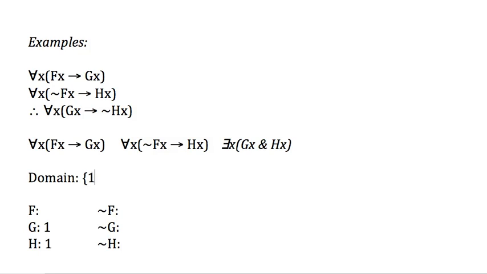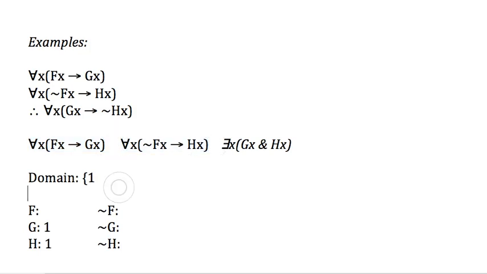Suppose that was the end of the story. We haven't said anything about what F means yet, and we may or may not need to, but let's ask, if the only thing in our domain is the number 1, and 1 is a G and 1 is also an H, would this sentence be true, and would this sentence be true?